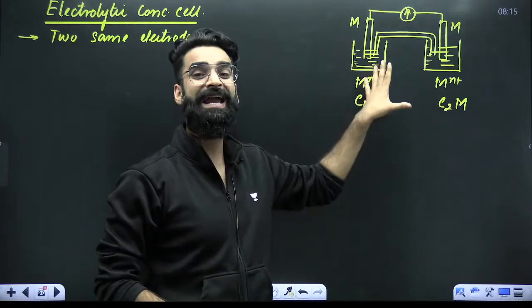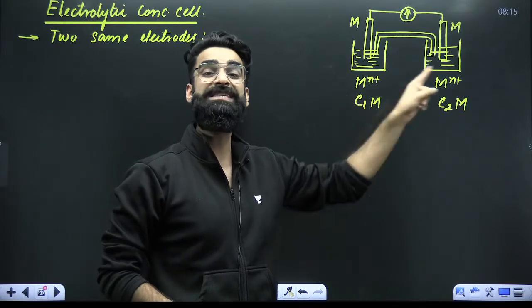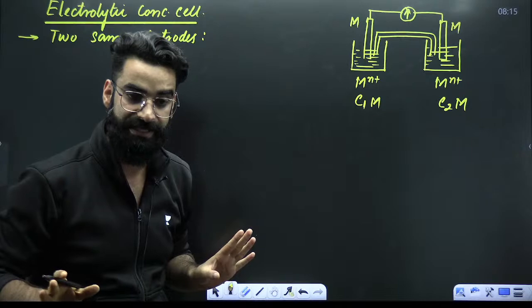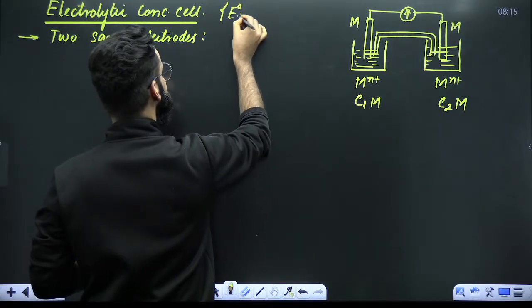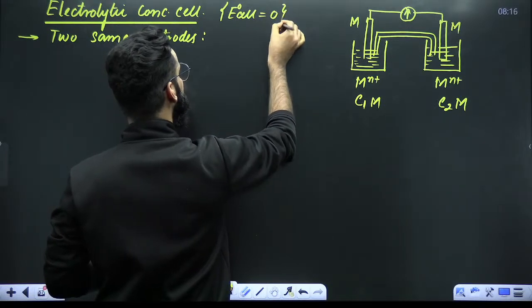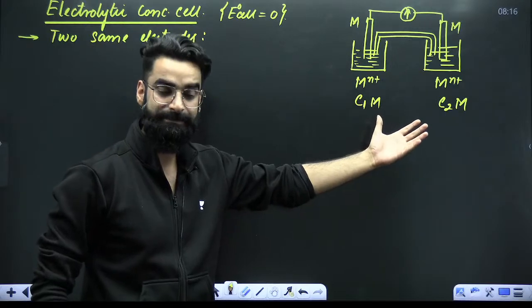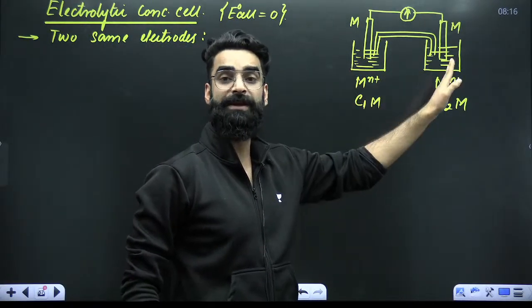Whenever you see this kind of complete cell in which two same electrodes are used, you'll first of all call it a concentration cell. And in case of concentration cells, your E naught cell value has to be 0. Now, which type of concentration cell is this? My dear students, no doubt you have taken two same electrodes.